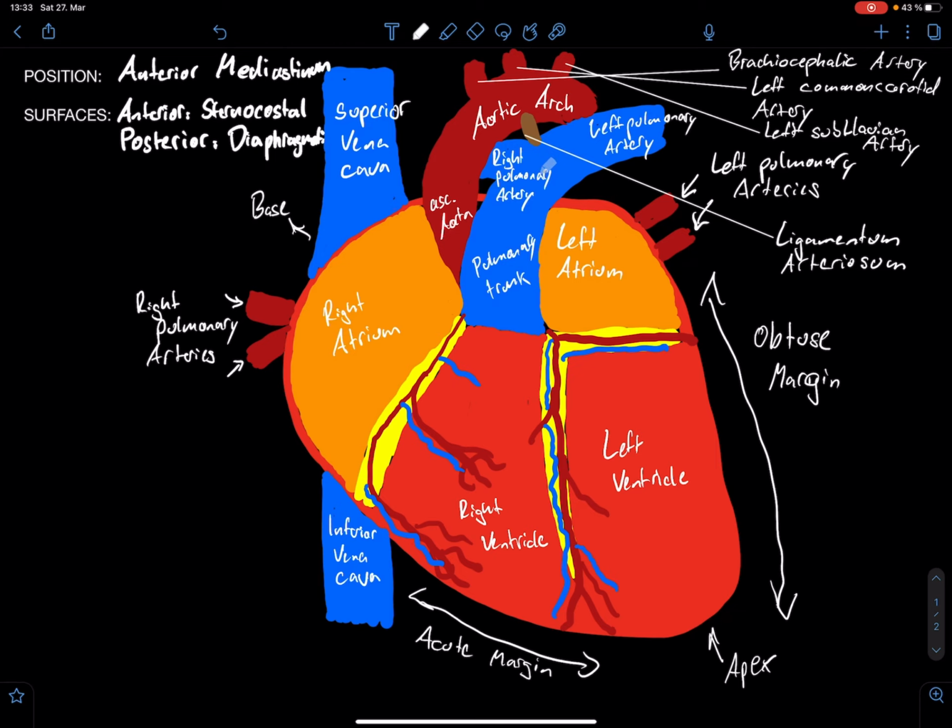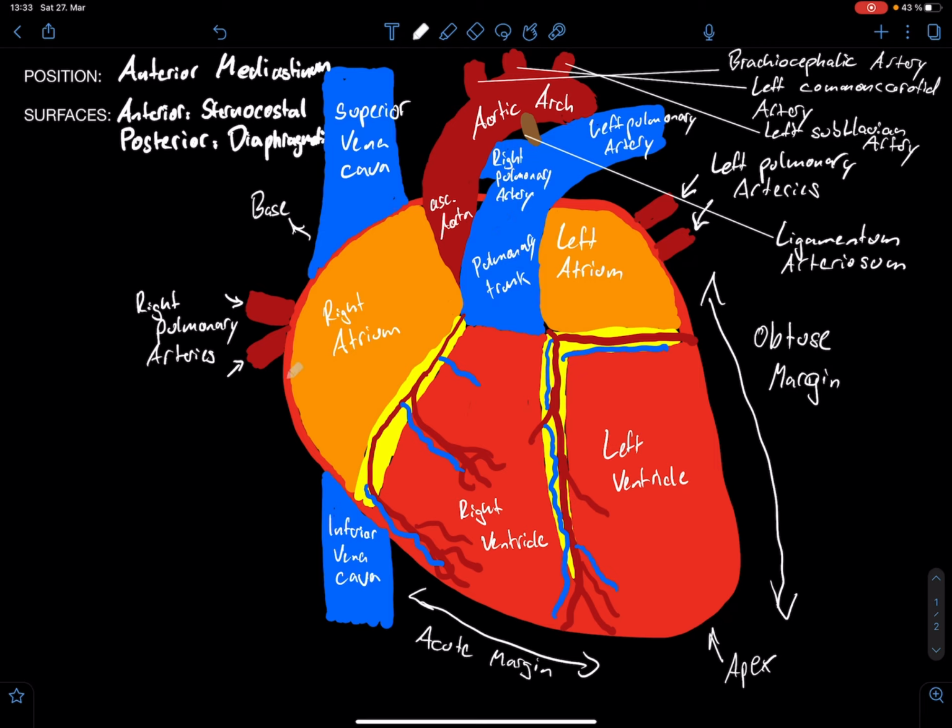It is a passageway between the pulmonary trunk and the aorta, which shuts off immediately after birth and turns over time into a ligament, which you can still observe in the adult.